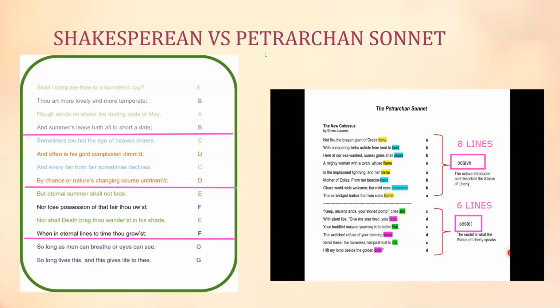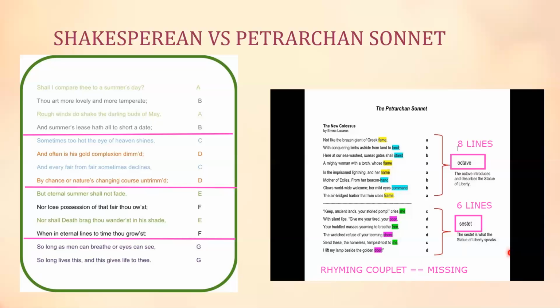In our Petrarchan sonnet, the biggest thing that we see is that our rhyming couplet is missing. So in a Petrarchan sonnet, we do not have a rhyming couplet. In a Shakespearean sonnet, we have it here at the end.